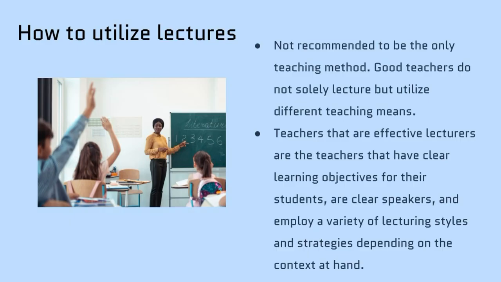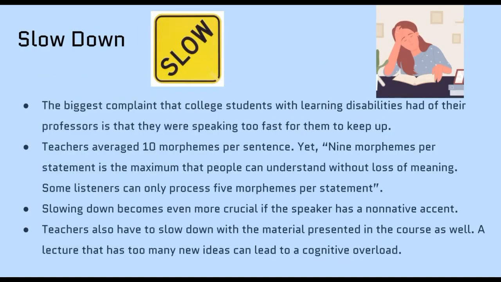So one of the main strategies that was introduced was slowing down. This section of the chapter shows that the biggest complaint that college students had, especially college students with learning disabilities, was that their professors were speaking way too fast for them to keep up. So in this section, we were introduced to the concept of morphemes, and morphemes are just units of meaning.